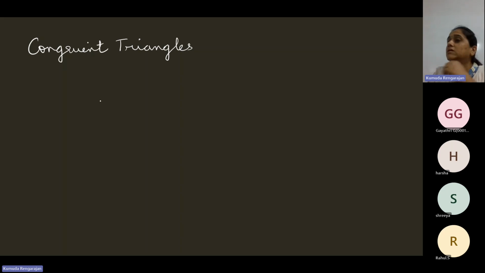Let's first understand how a triangle is formed in a plane. To form a triangle in a plane, we need 3 points. Supposing we have the 3 points like this, so we have 3 points in a plane. Now let's try to form a triangle using these 3 points.